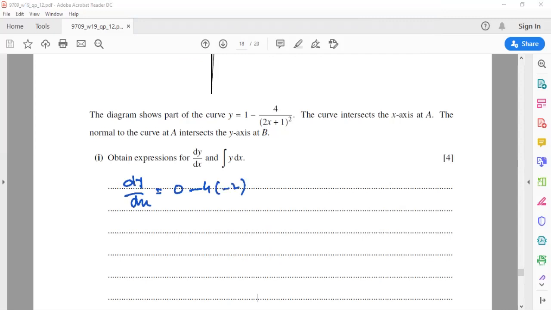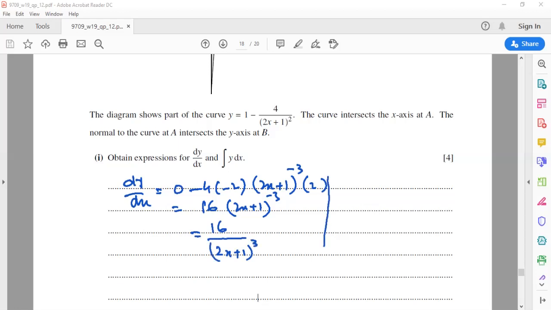So minus 2 and 2x plus 1 power minus 3, and then the derivative of this is actually 2. So this becomes 8 2s are 16, 2x plus 1 power minus 3, which can be written as 16 over 2x plus 1 power 3. Now as far as the integration is concerned, when we integrate this, what will happen?